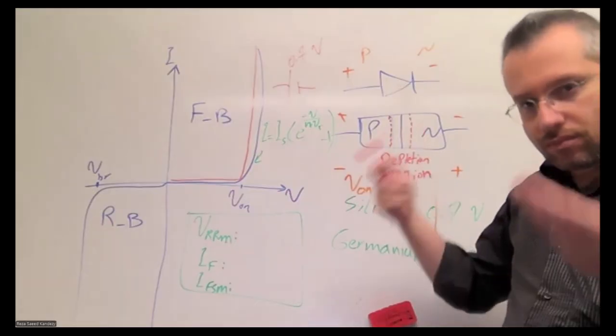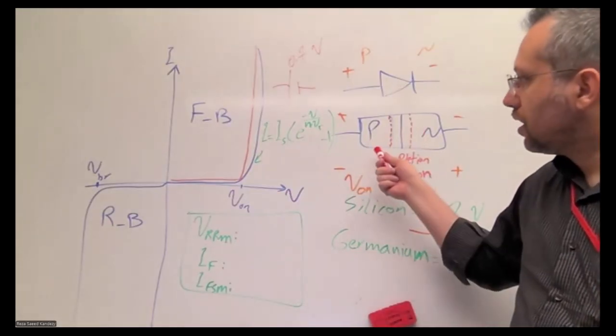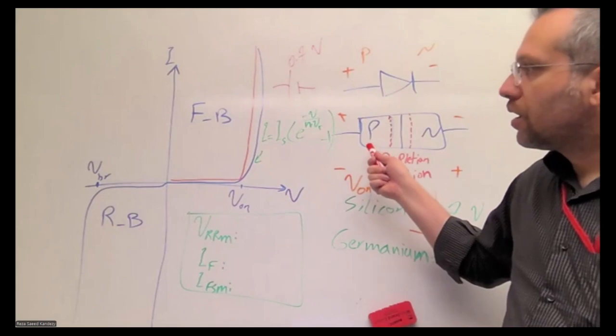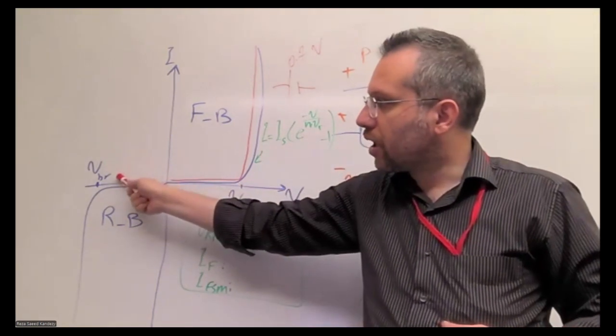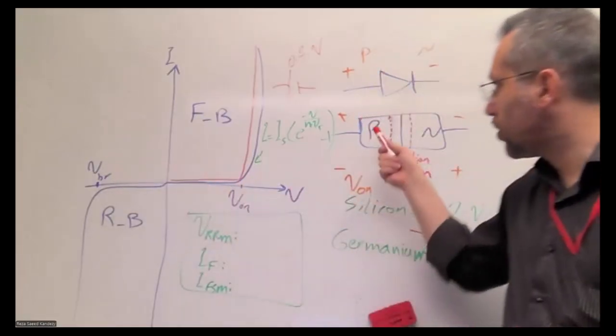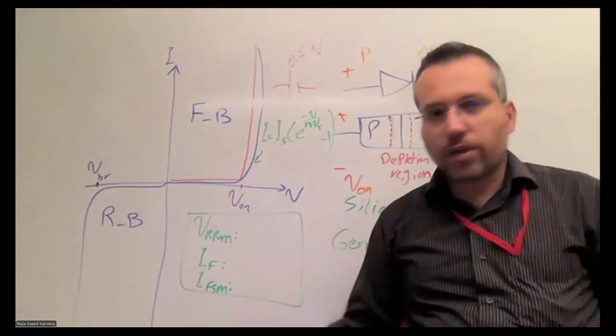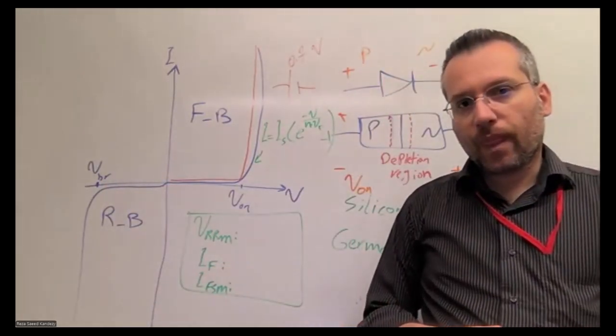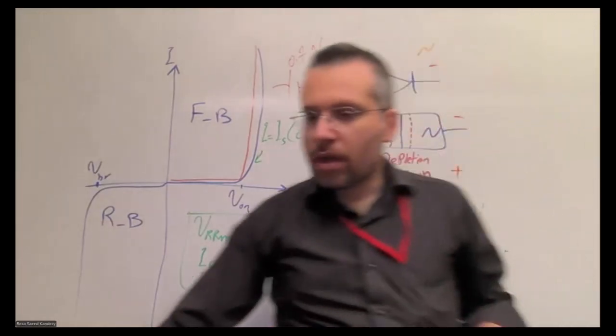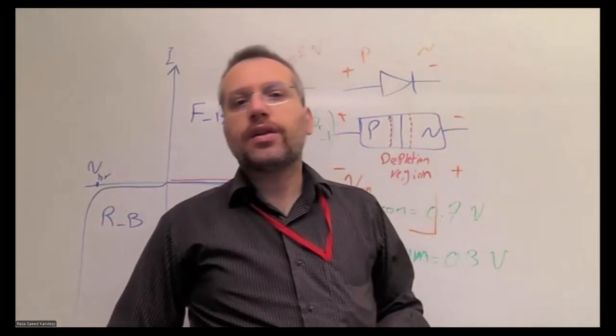In the correct terminology, we reach the breakdown voltage, and after we reach that, it's burnout. So there is no diode anymore, and it will start conducting the current. Now, this is the general concept of the diode.